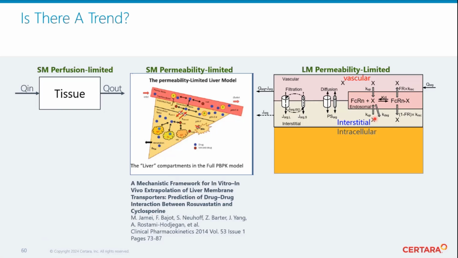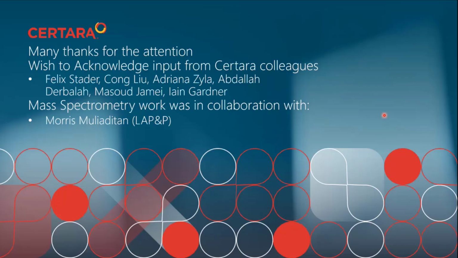As you saw, the large molecule models are all permeability limited. So maybe the next question is, can we also engineer the small molecule features into the large molecule model to see if there is a unified framework? And that was the last slide. Thank you very much for your attention.